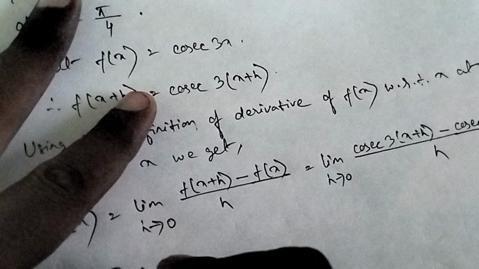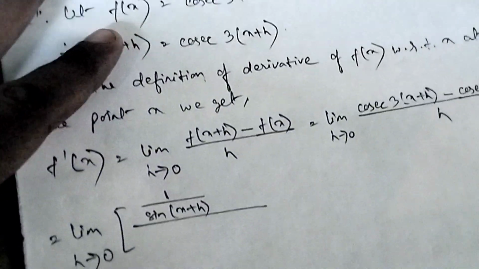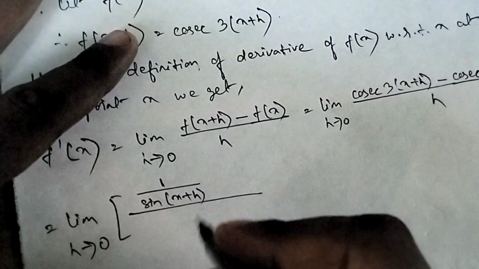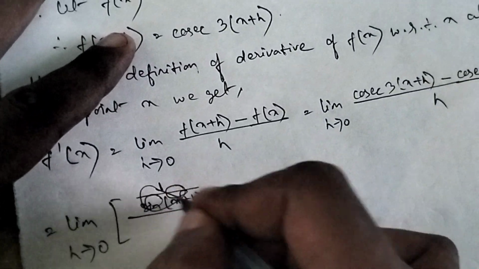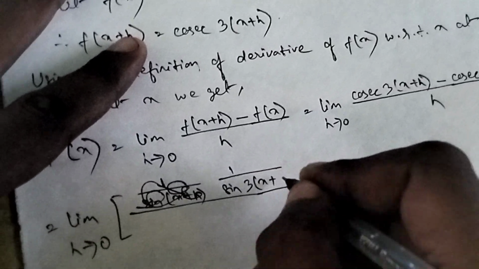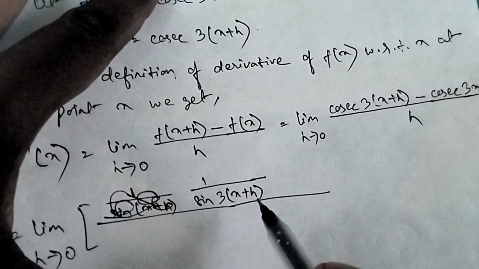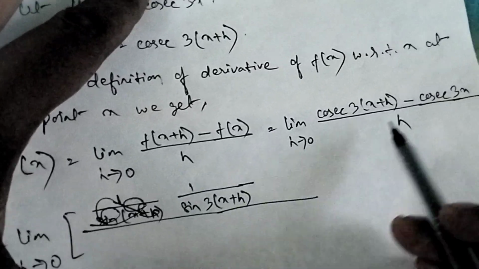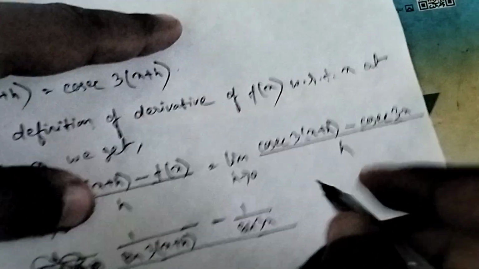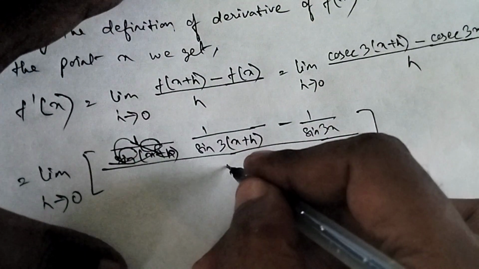Cosec 3 into (x plus h) we can write as 1 by sine 3 into (x plus h), and minus cosec 3x, I can write it as 1 by sine 3x. And in the denominator we have h.